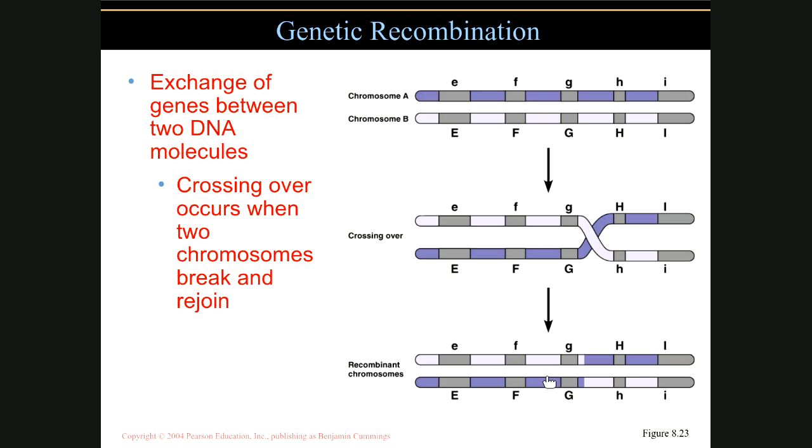In particular, this happens when we're making eggs and sperm. So is this mitosis or meiosis? Meiosis. Is it meiosis 1 or meiosis 2?